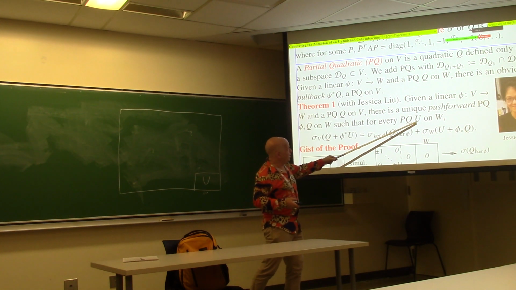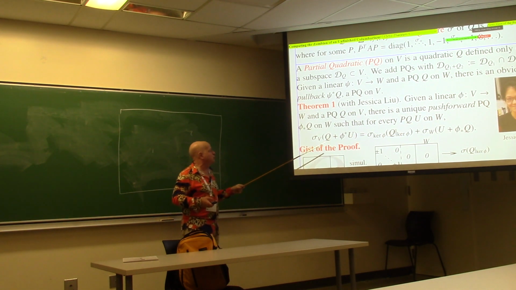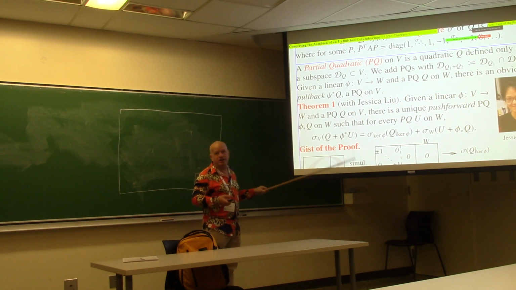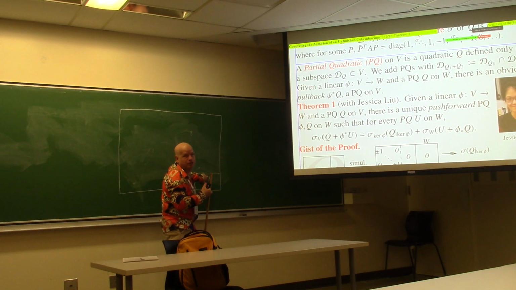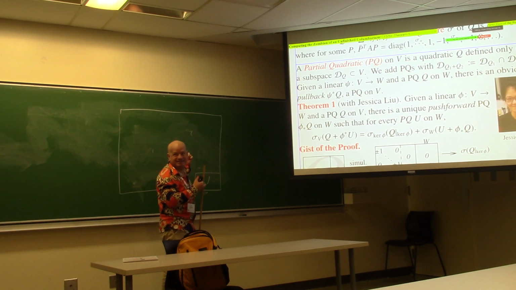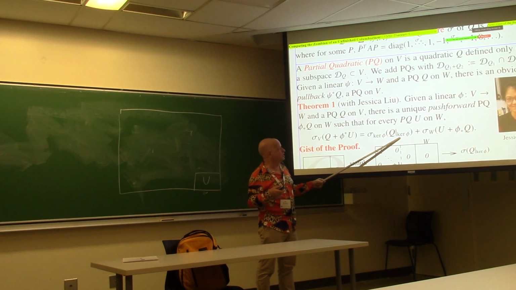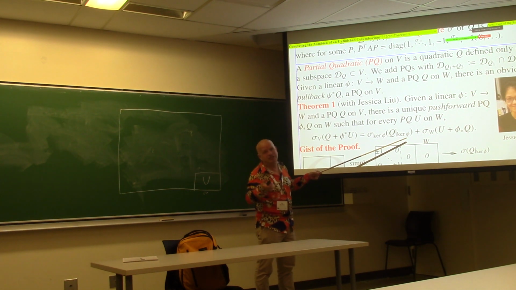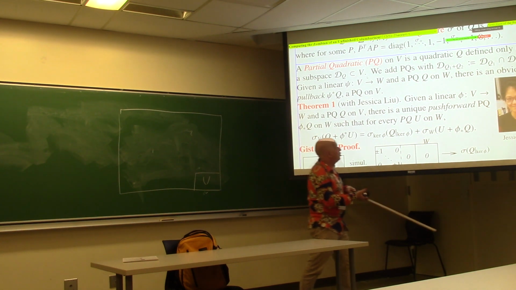Then for every such U, the following property holds. The signature of the original quadratic plus the unknown, so basically the signature of the original thing plus the new stuff, the unknown stuff pulled to the big space, is equal to the signature of the original quadratic reduced to the kernel of phi (it's not a projection, it's a general linear map), plus the signature of the unknown.